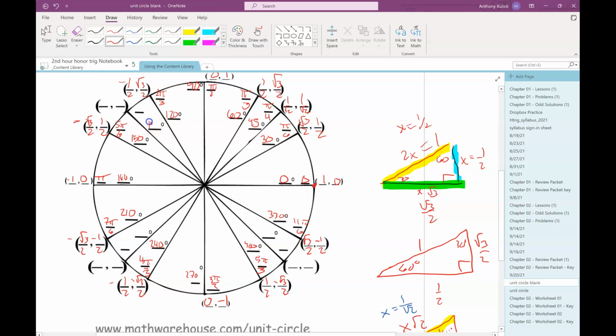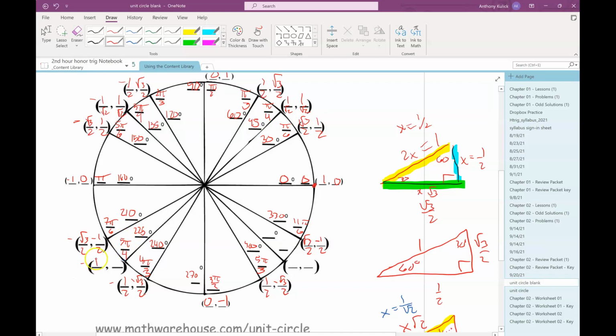And then this is 135 or 3 pi over 4. So that'll be negative 1 over root 2 because we're in the second quadrant, and then positive 1 over root 2. And then we're at 225 or 5 pi over 4.